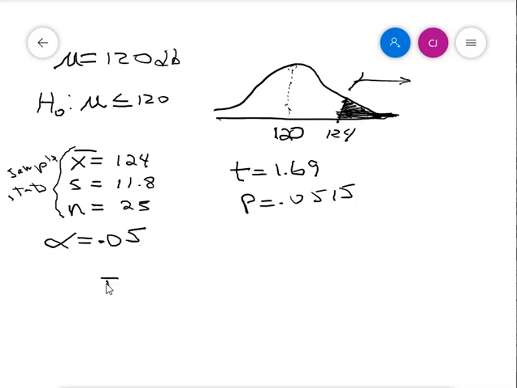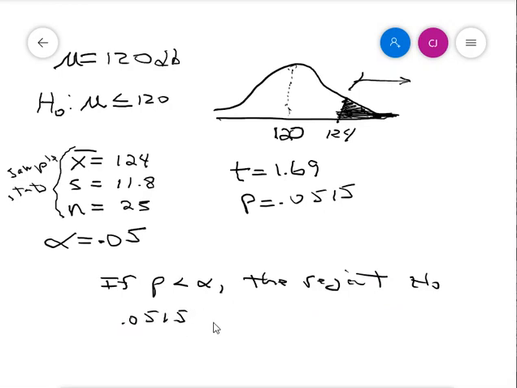So if p is less than alpha, then reject the null hypothesis. So let's look at p. P is 0.0515. It's pretty small, but it is greater than 0.05. Do not reject our claim up here, right?